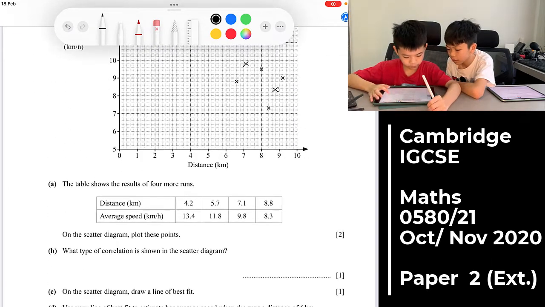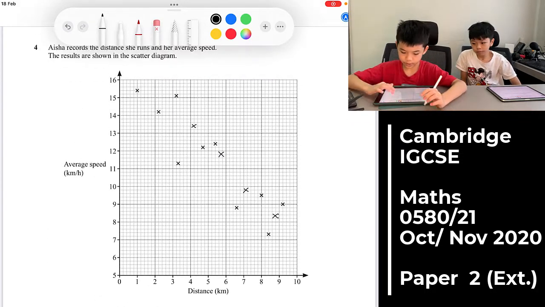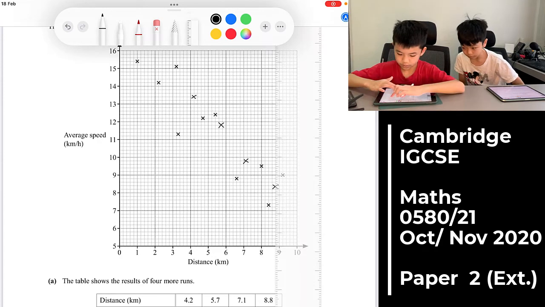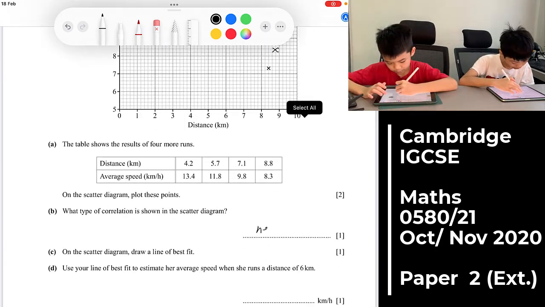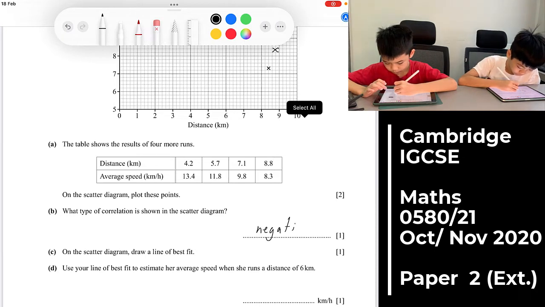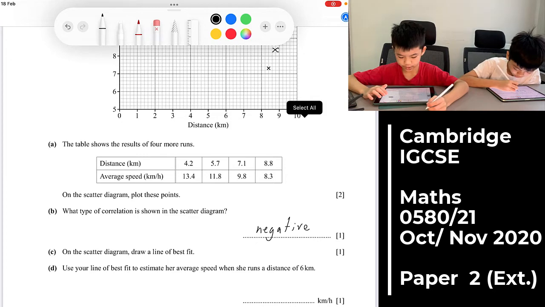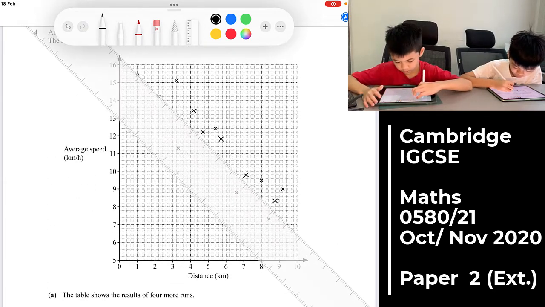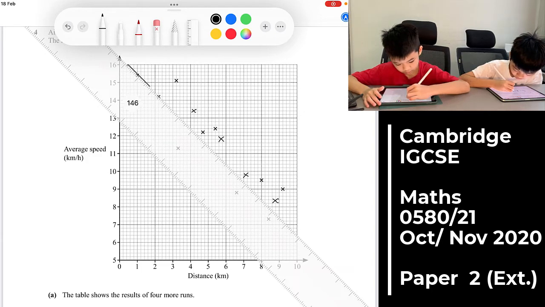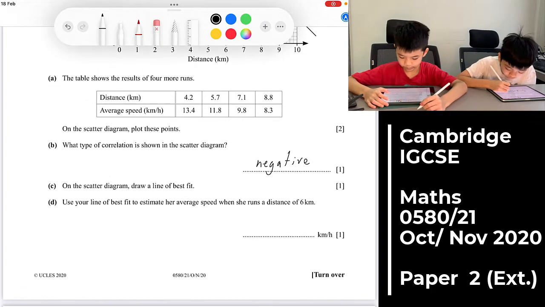Okay, for question 4b, what type of correlation is shown in the scatter diagram? So it's something like this, which is negative correlation. Question C, on the scatter diagram, draw a line of best fit. So it would look something like this.